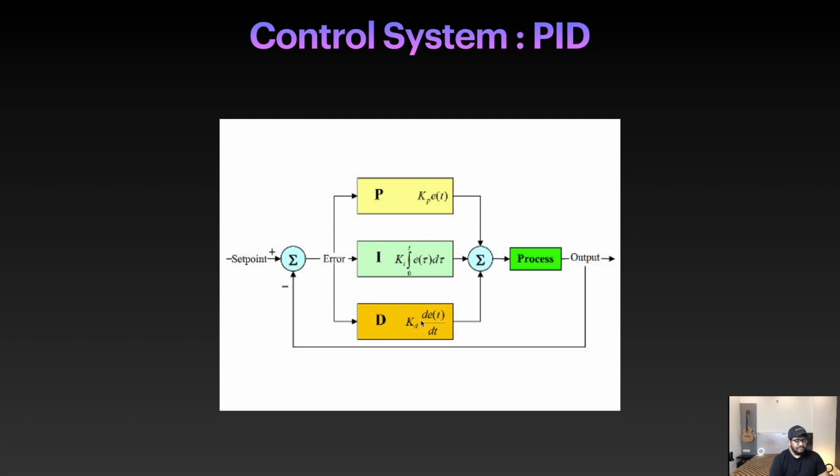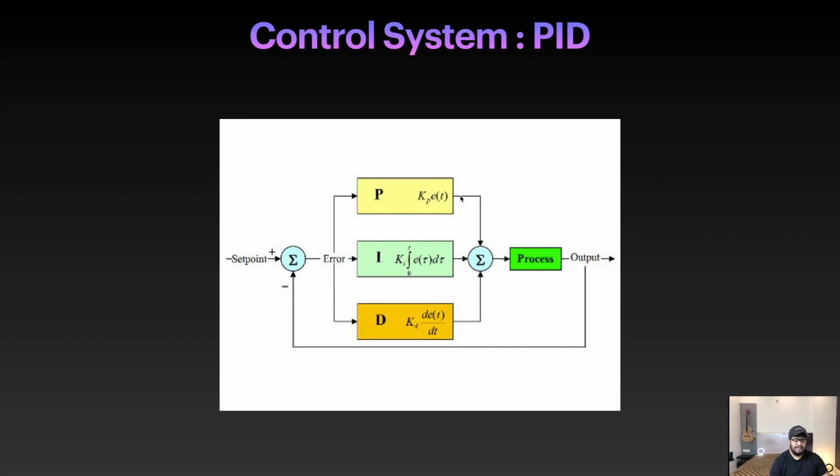This looks very intimidating, but when we actually understand it, it's nothing but this: we take the error signal, multiply it with Kp, integrate it and multiply with Ki, and differentiate it and multiply with Kd. What we get is a sum, the value which the flight controller generates to compensate for the error. That is the entire concept.